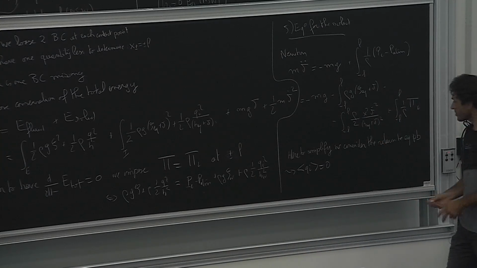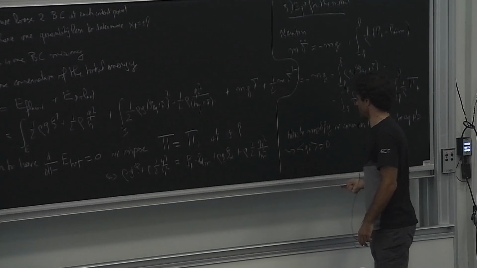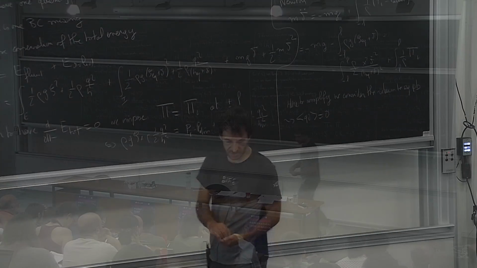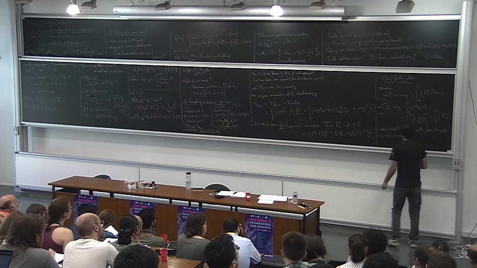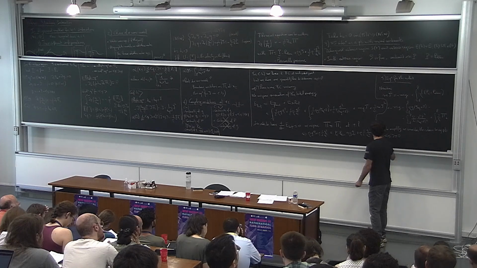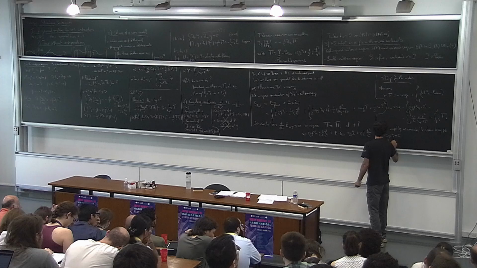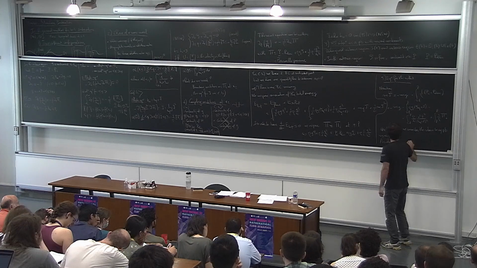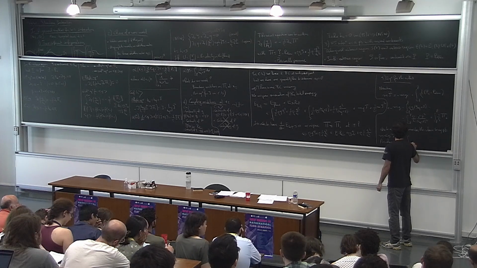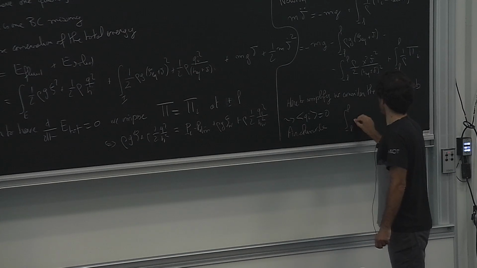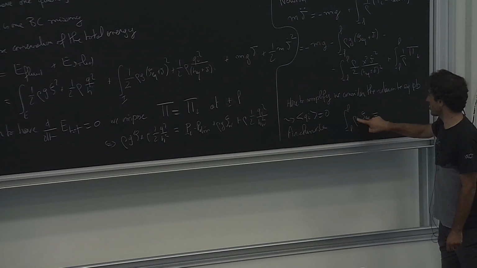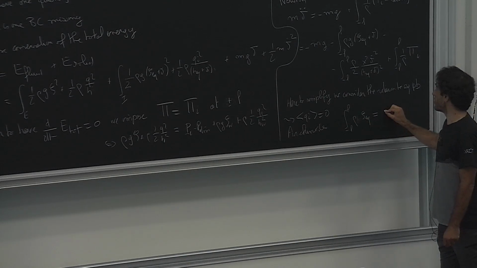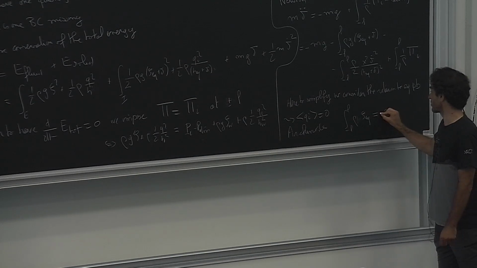You obtain this. And then you use Archimedes. Archimedes tells you that the integral from minus L to L of rho g zeta e_k is equal to minus m actually.